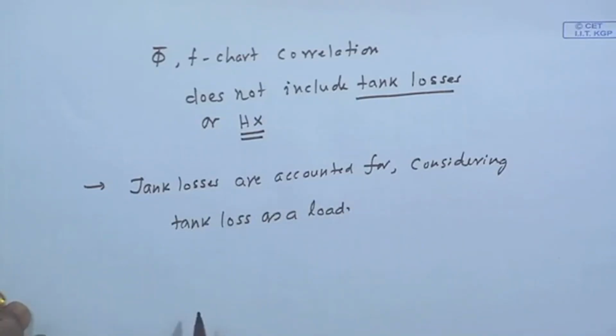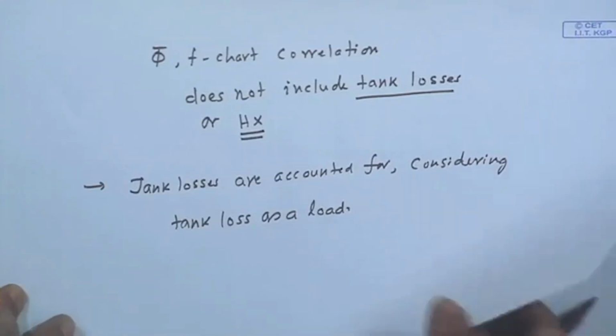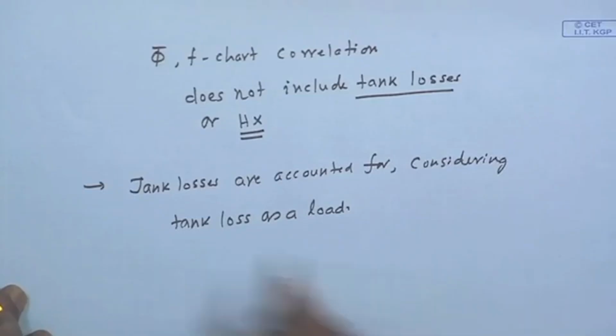So, first you guess a tank temperature and calculate the tank losses, consider it to be a part of the load, estimate the phi bar F chart, find out F, and set up an iterative scheme to check whether the guessed temperature is correct or not.